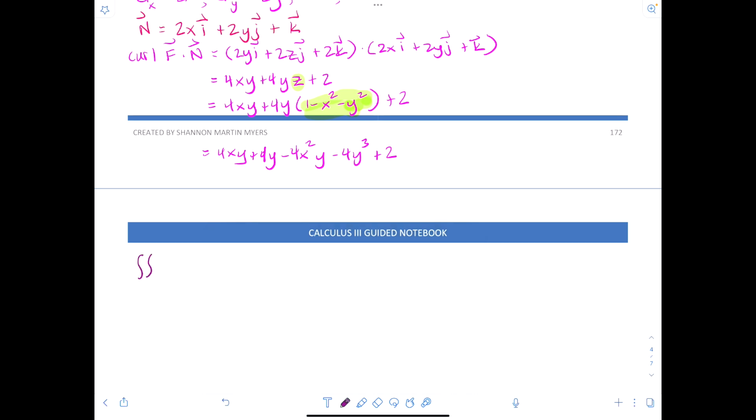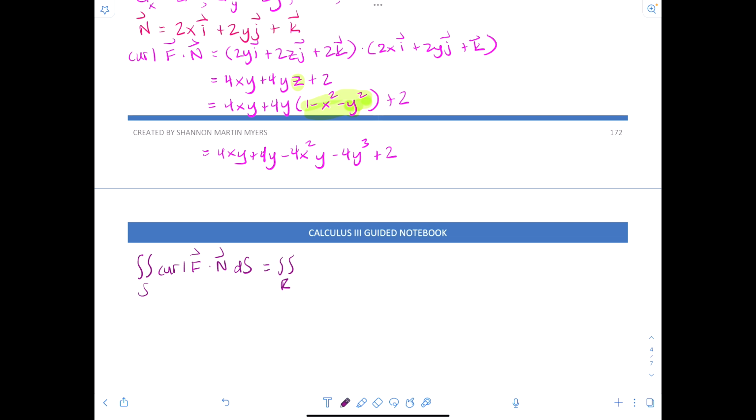So the surface integral over that oriented surface S of curl F dot N dS will equal the double integral over the region of that dot product with respect to the area over that xy plane.